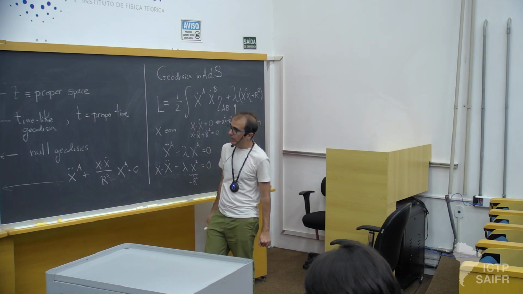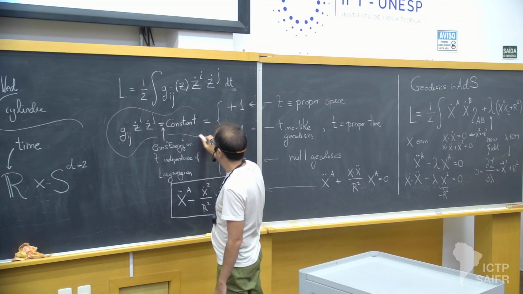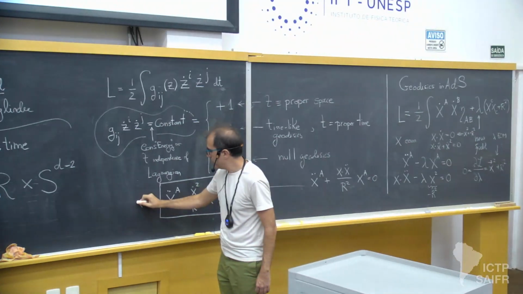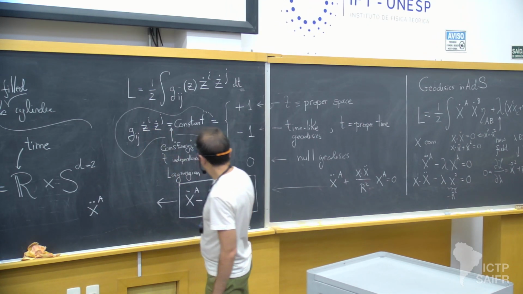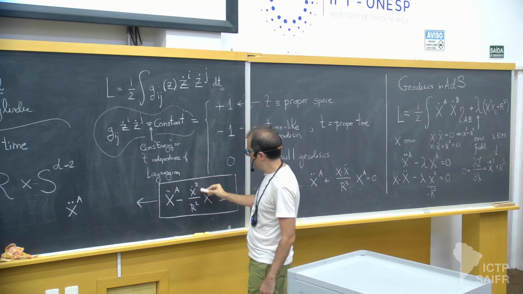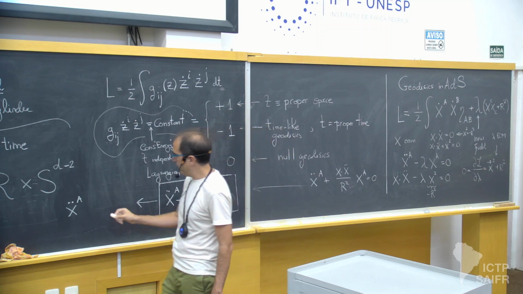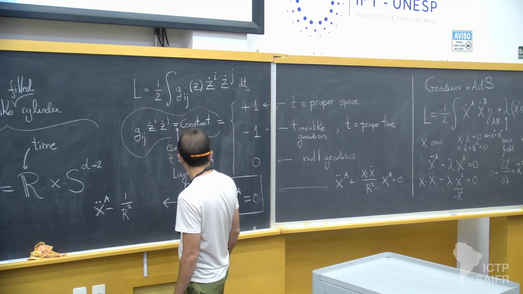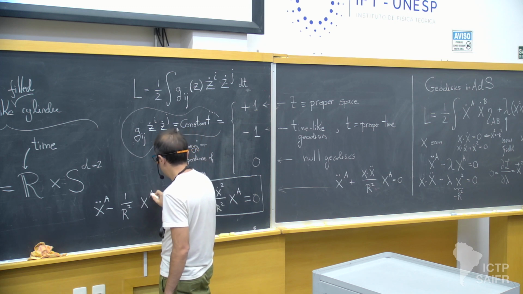But we can do even more, because we know that this is constant. And therefore, this becomes x double dot a, and then x dot squared over r squared. X dot squared is nothing but the velocity squared. So minus 1 over r squared times x_a.